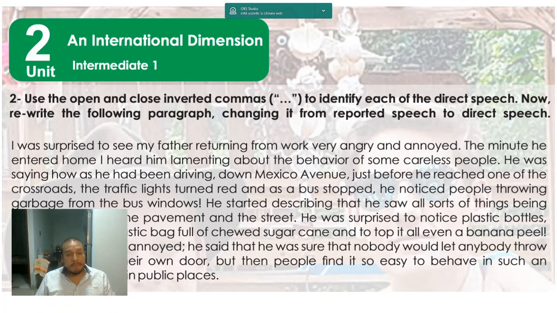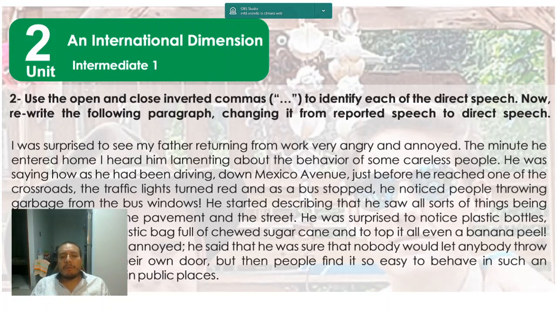Please read with me. I was surprised to see my father returning from work very angry and annoyed. The minute he entered home, I heard him lamenting about the behavior of some careless people. He was saying how, as he had been driving down Mexico Avenue, just before he reached one of the crossroads, the traffic lights turned red, and as a bus stopped, he noticed people throwing garbage from the bus windows.